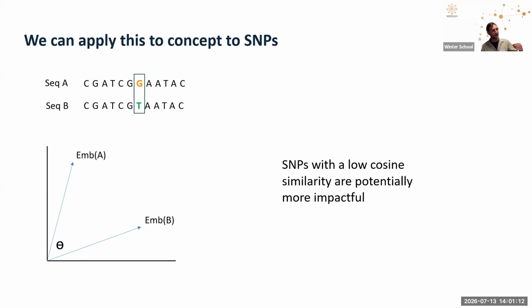And so that therefore means to us that that nucleotide swap, that SNP, has some sort of impact. It's hard to nail down exactly what that impact is. It doesn't refer to a specific trait, but there could be some functional consequence of that change. And so we can use this system to rank SNPs by impact.